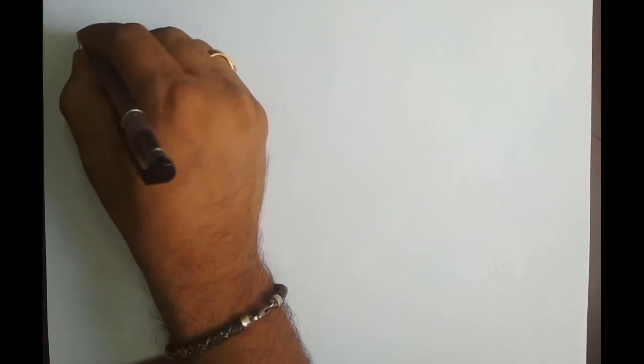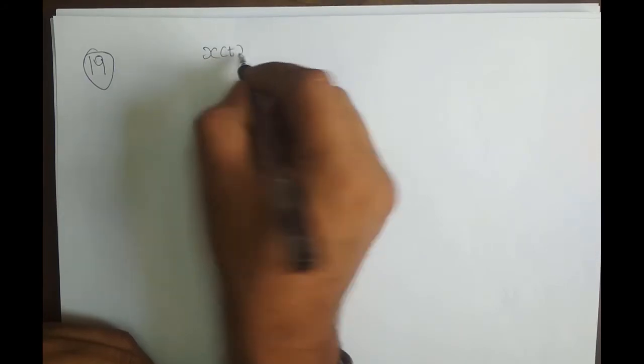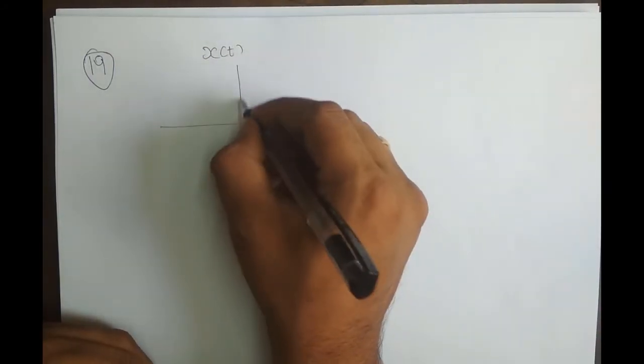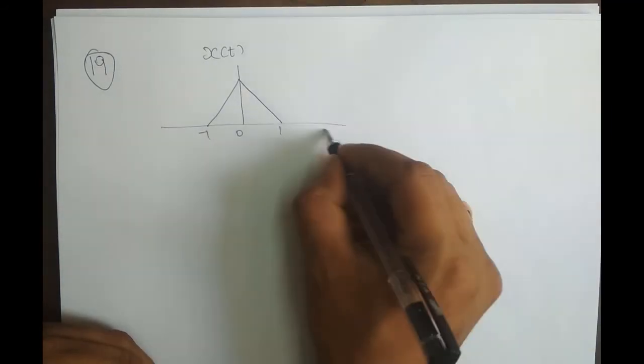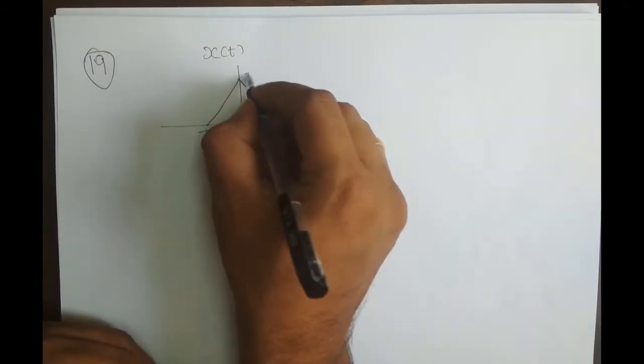Okay. Now problem number 19. I'm not solving it, just take it as an exercise problem. Given x of t is something like this, with points at minus 1, 0, 1 on the t axis, and this amplitude is also 1.